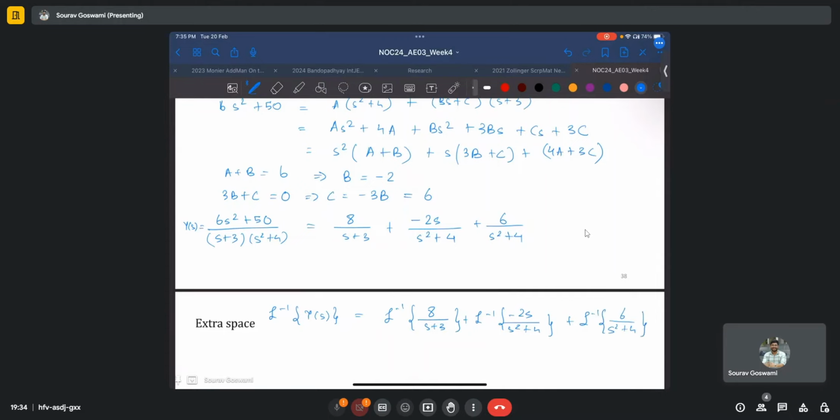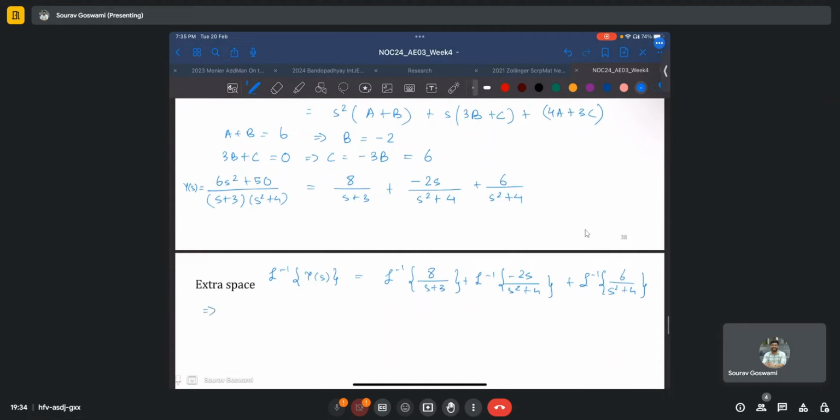Now, the inverse Laplace of Y of s is simply y of t. For 1 by s plus 3, it will be 8 e power minus 3t, because the Laplace of e power at is 1 by s minus a.